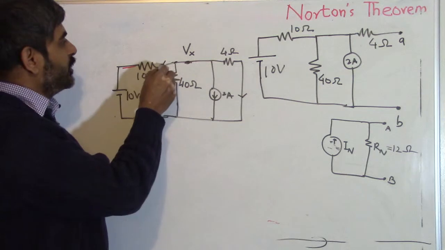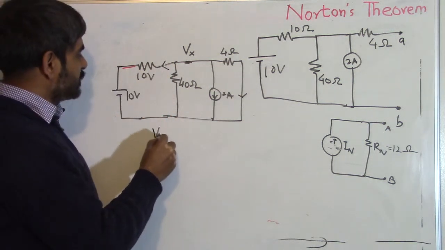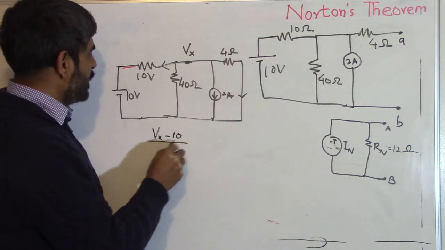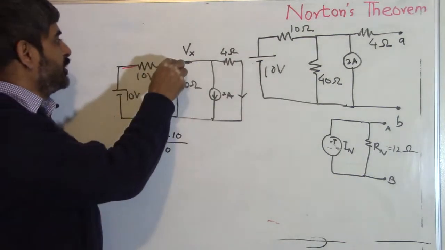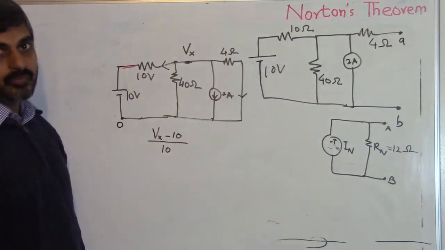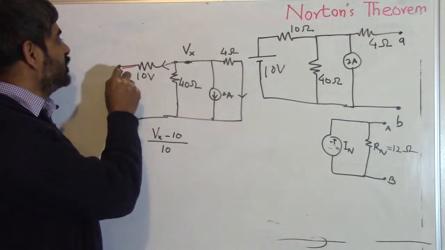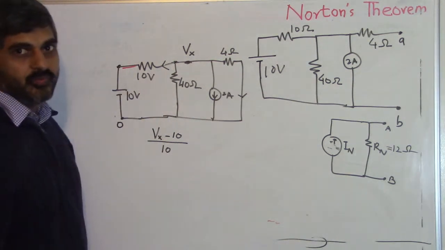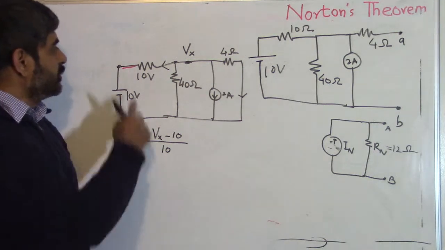So the current flowing in this branch is going to be (Vx minus 10) divided by 10. This is 10 ohm.